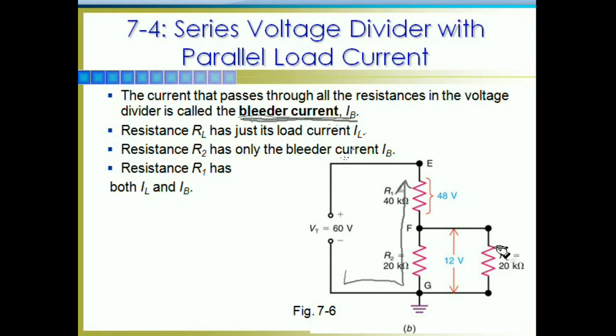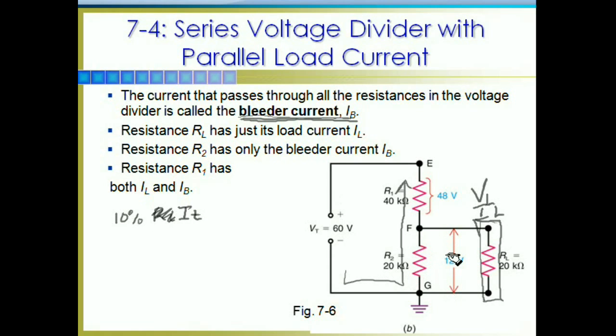Now with that in mind, we take into account the load and its voltage requirements and its current requirements. So I have some specification for the bleeder current, and that is generally about 10% of your total current.